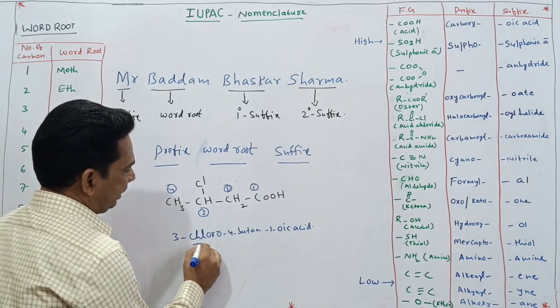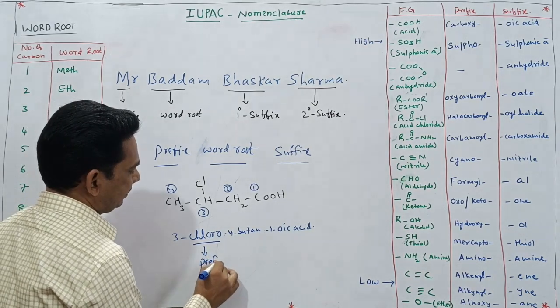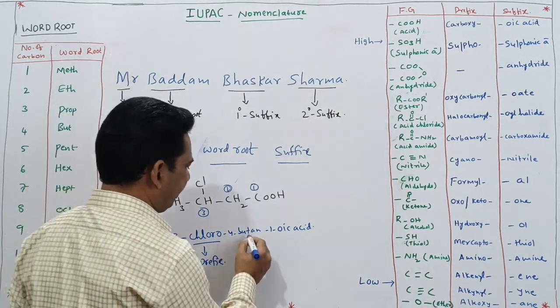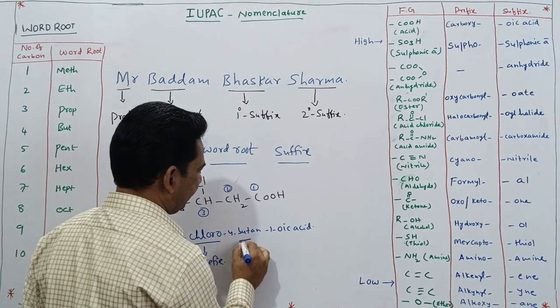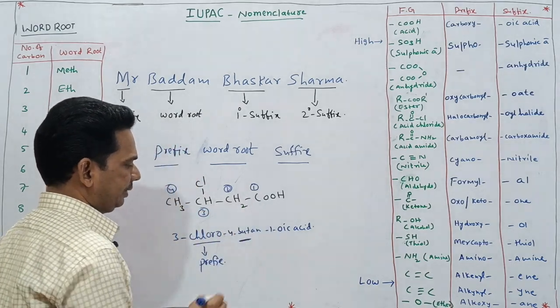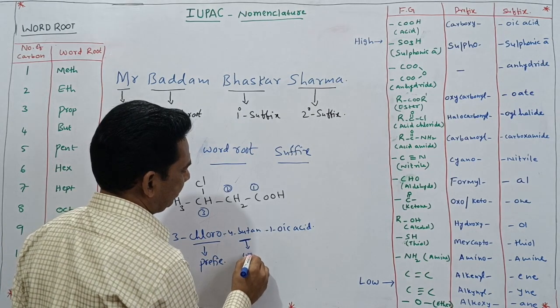Then this chloro is called the prefix. Then but, only but. But is nothing but 4 carbons. But is the word root.